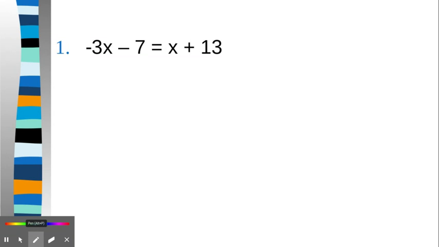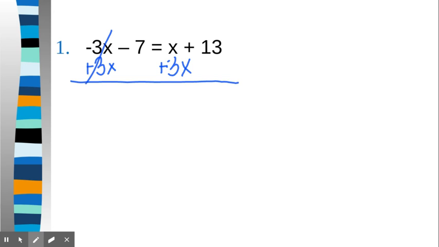But if I add 3x to both sides, the 3x goes away over here, and I'm left with negative 7. And I have a positive 4x, and that might be a little easier for us to work with later on in the equation.